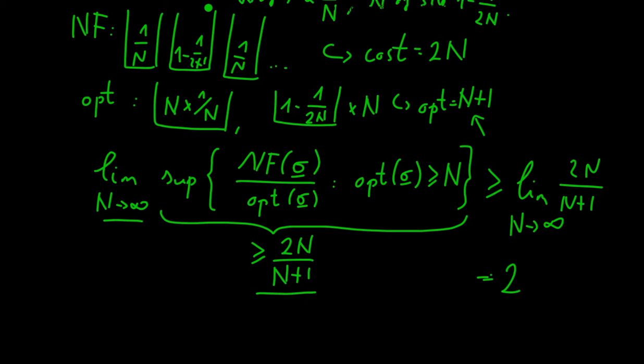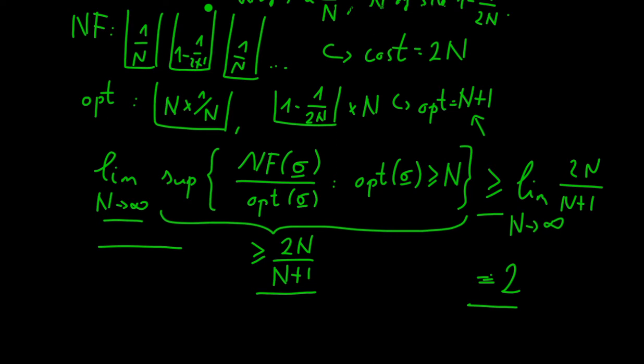You just divide by n, so it's 2 divided by 1 plus 1 over n, which is just 2. So this means that the competitive ratio of next fit is at least 2.